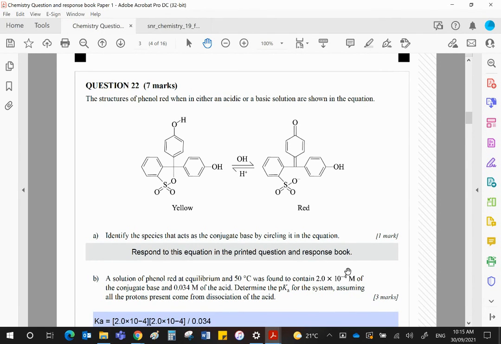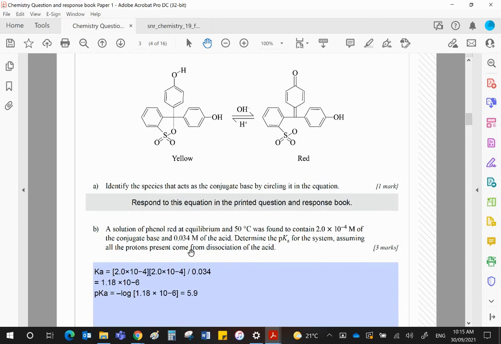Phenol red at pH 7.0 contains this concentration of the conjugate base. That means it'll contain that concentration of the H plus as well, because when it forms the base, it loses an H plus at the same time. So they will have exactly the same concentrations. If you're working out Ka, you will square that concentration effectively. So this is the conjugate base.